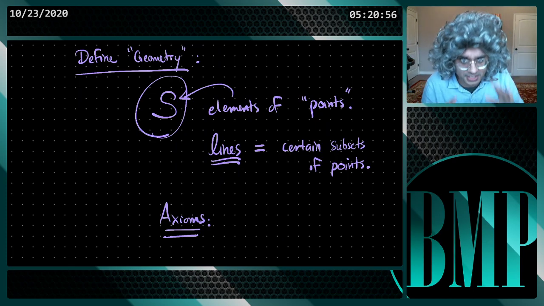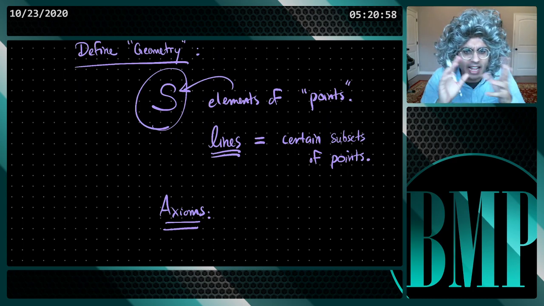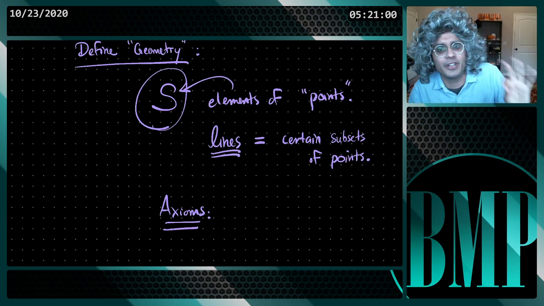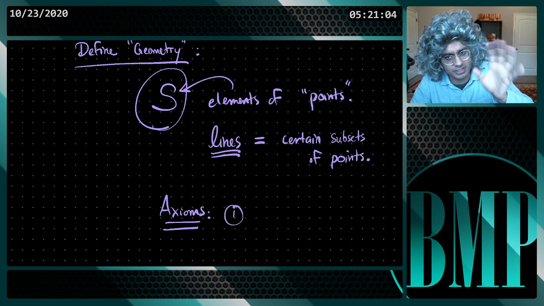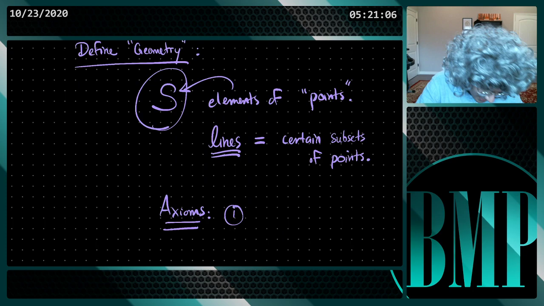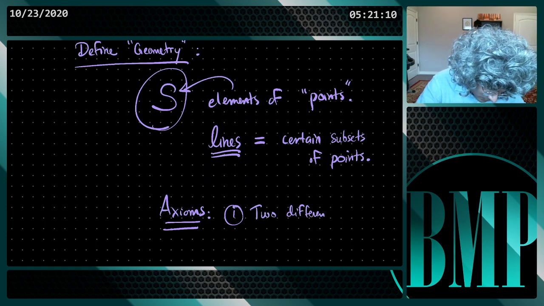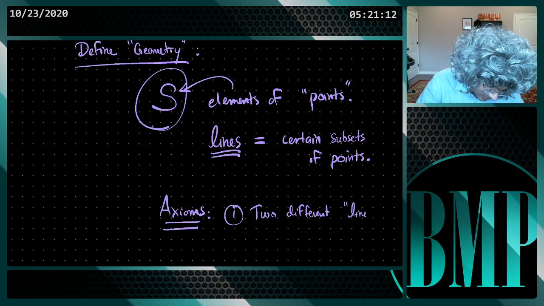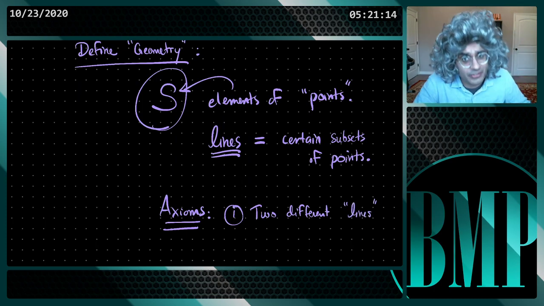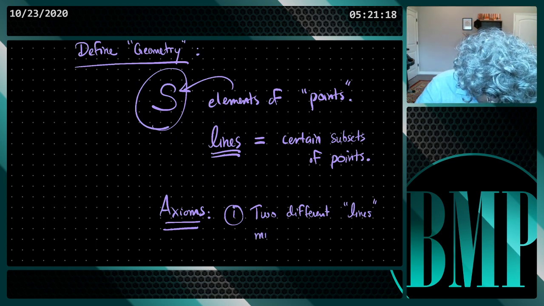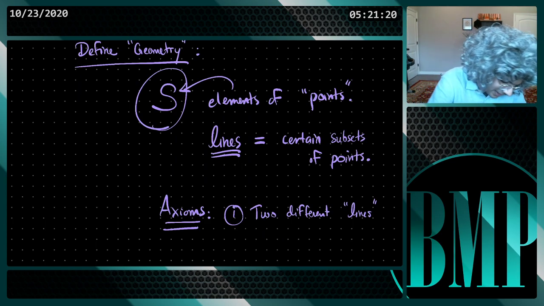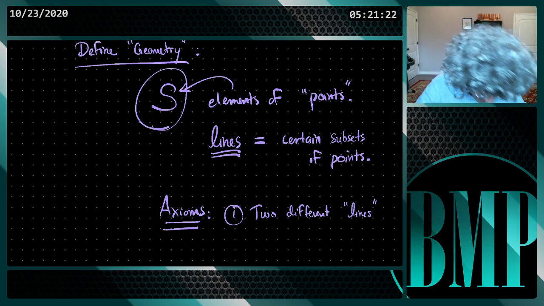Let's just think of it this way. I'll show you one of the axioms. You'll definitely agree with this axiom. This is the main one. Two different lines have to meet at, sorry, no, meet at most one point.